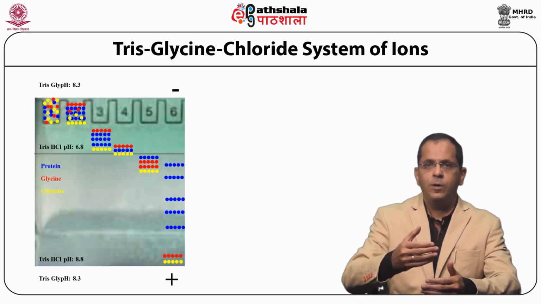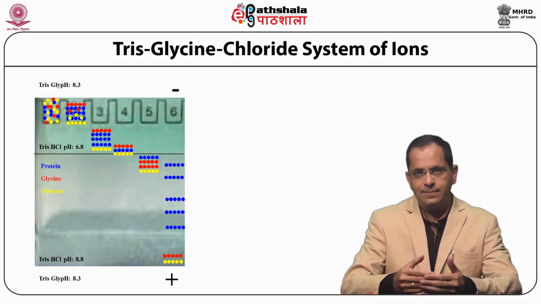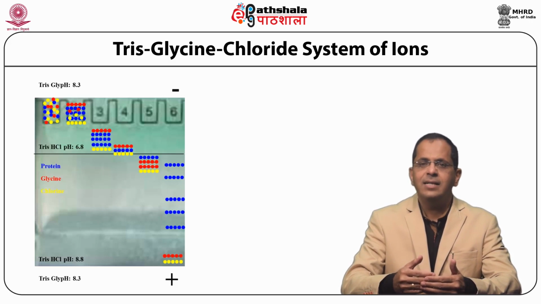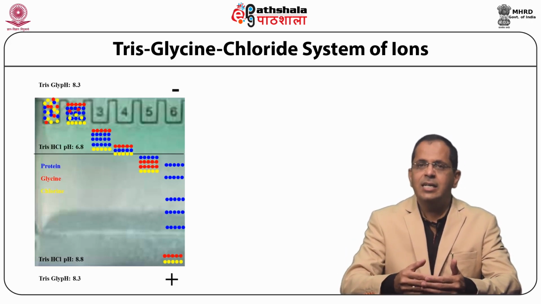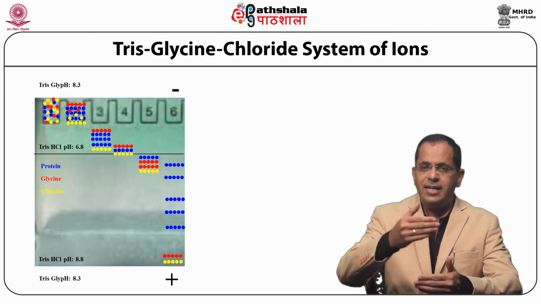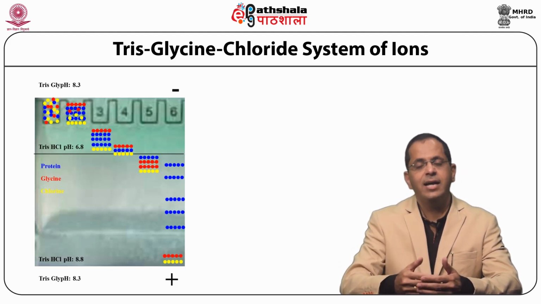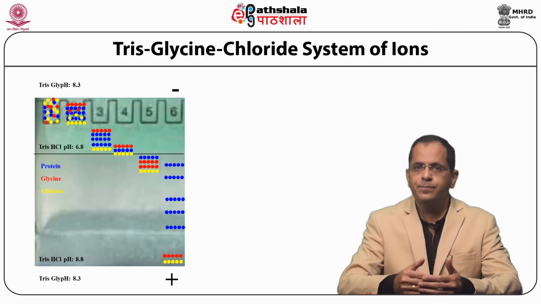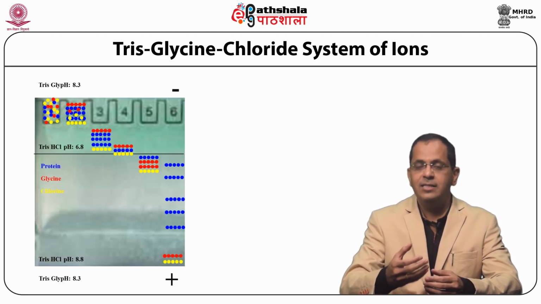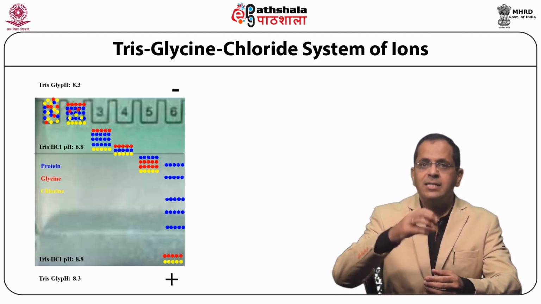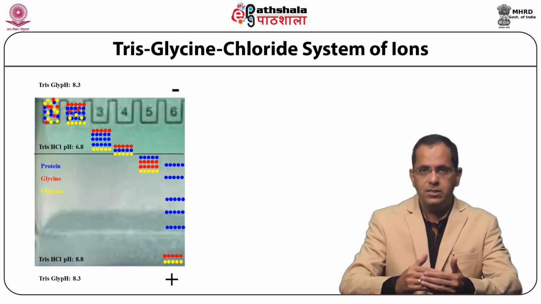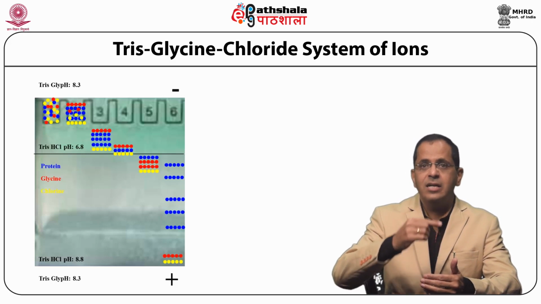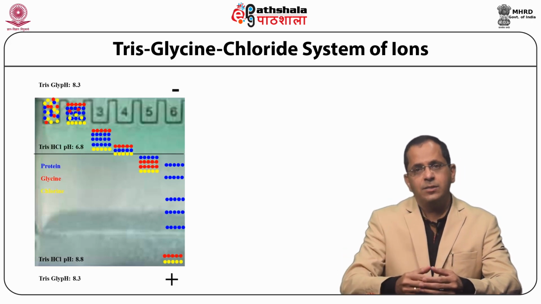This is followed by all the proteins, and you have the glycine ions, shown in red, trailing behind the proteins as shown in lane 3. Therefore, the proteins are sandwiched between the leading chloride ions and the glycine ions behind.